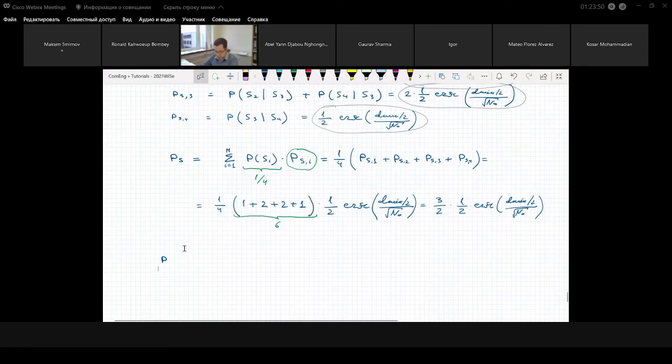Okay, and for such situation, when we assume nearest neighbor approximation and only error between nearest neighbors, probability of bit error can be written as probability of symbol error divided by log2 M. Because if we have error between adjacent symbols, it means that mistake occurred only in one of bits, because remember that two adjacent symbols differ only in one bit.